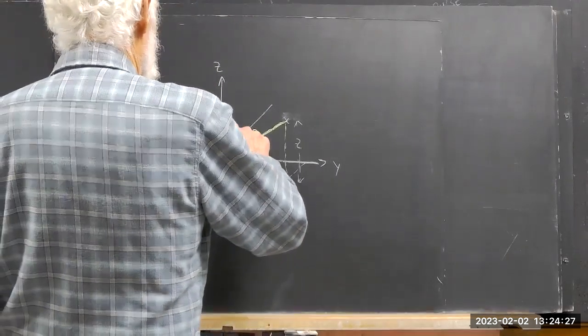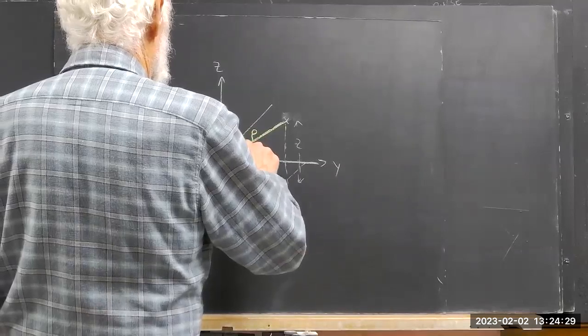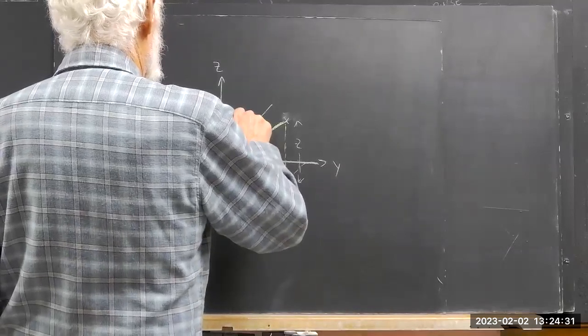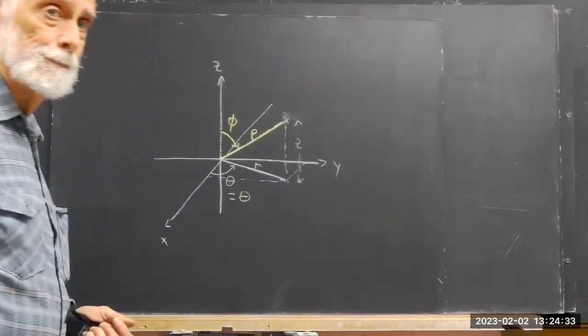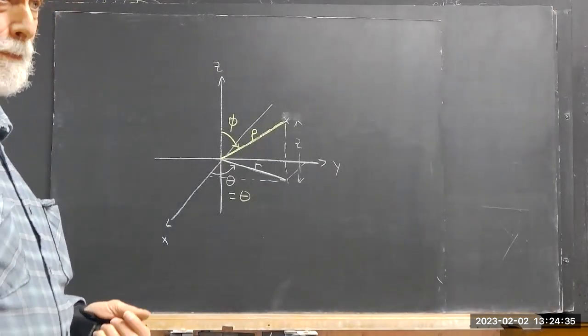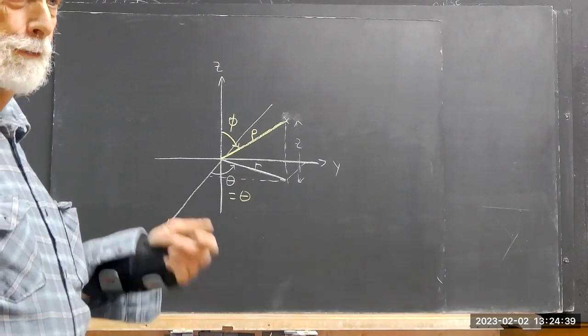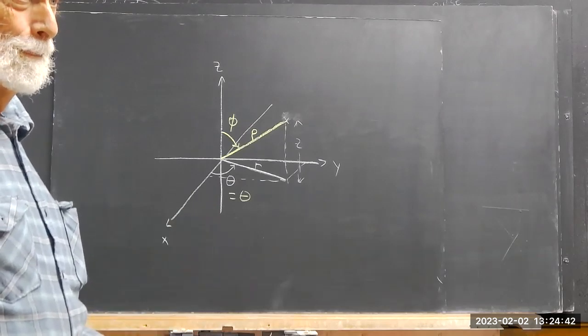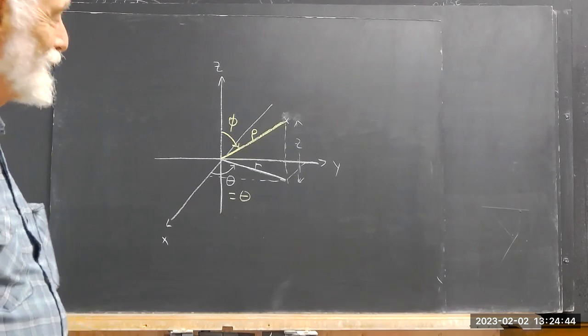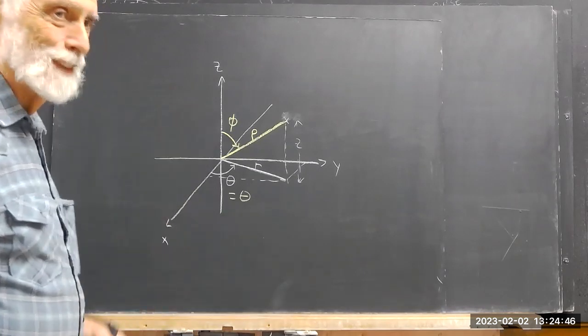Theta, I'm sorry, we're going to have an angle phi. Okay. Second letter of the Greek alphabet, which starts phi, phi, pho, pho. Okay. That should know, but it's how it's pronounced.